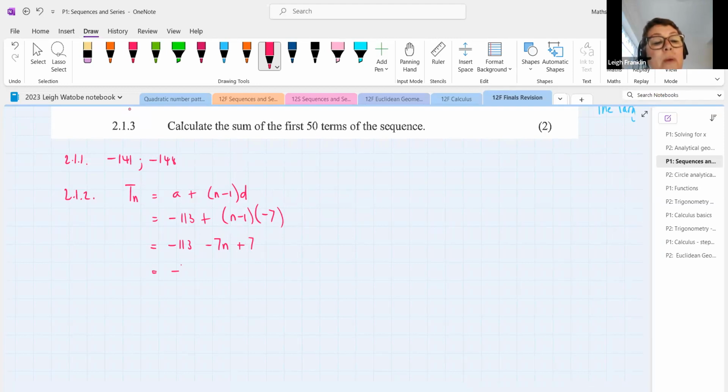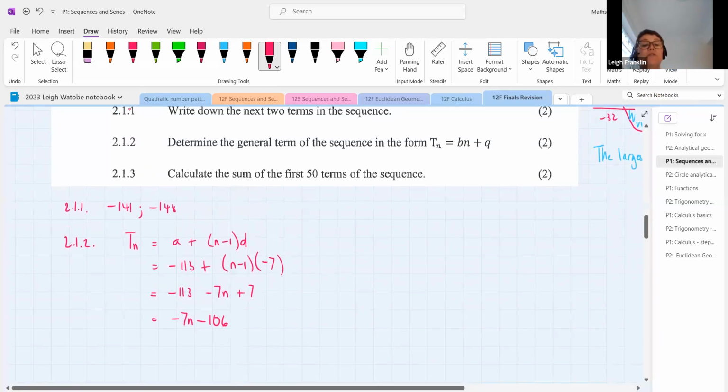So you'd end up with -7n, and then -113 plus 7 would make it -106. That's what they were looking for. Okay, Gugu?